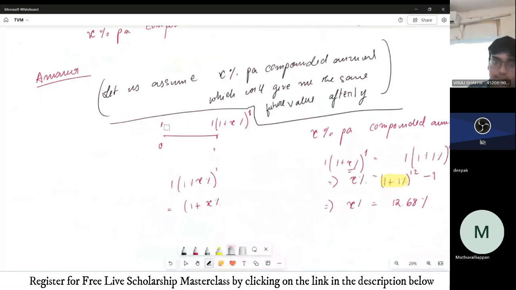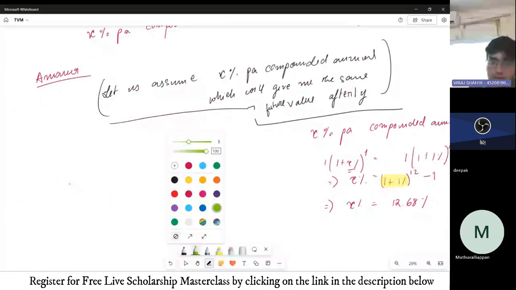Then write side by side, I'm making two graphs, 0, 1, 0, 1. Effective monthly, effective annual. 1 rupee become 1% to the power 1 at year 1. Over here, 1 rupee becomes 1 plus X%, 1 plus X% to the power, ये 12 होगा, to the power 1.